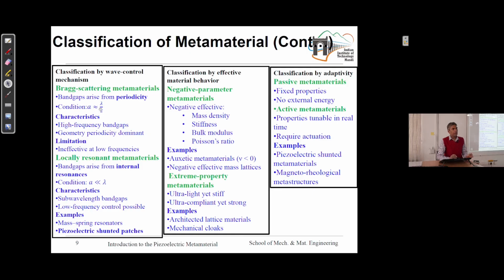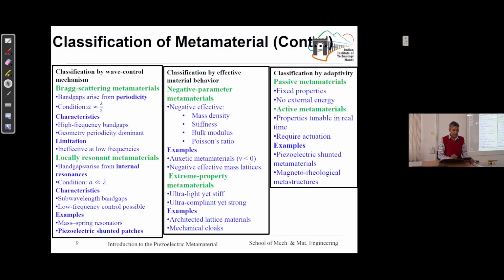This can be done only for high frequency band gaps, that is, waves of high frequency can be stopped. So the limitation is that it is ineffective at low frequency. When we have low frequency waves, we cannot use the Bragg scattering concept.